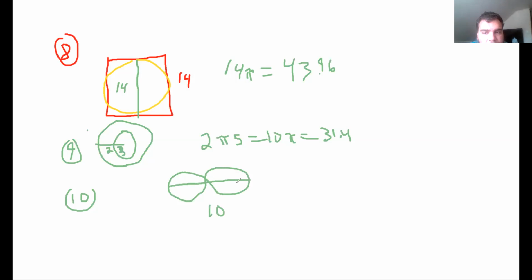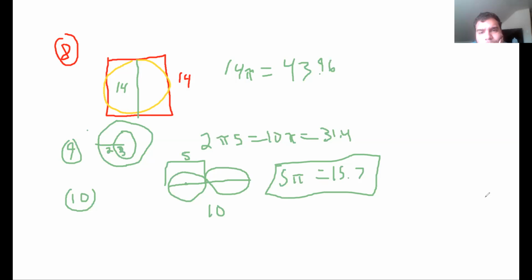So if the whole thing is 10, the half over here should be 5. So the one circle, which was the left circle, the diameter happens to be 5. So it's just 5 pi, which is 15.7, it seems. Okay, so that's 8, 9, 10.